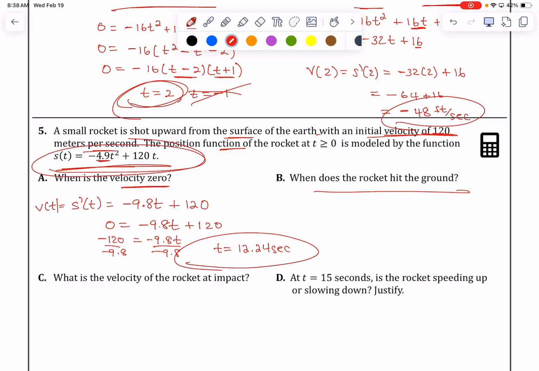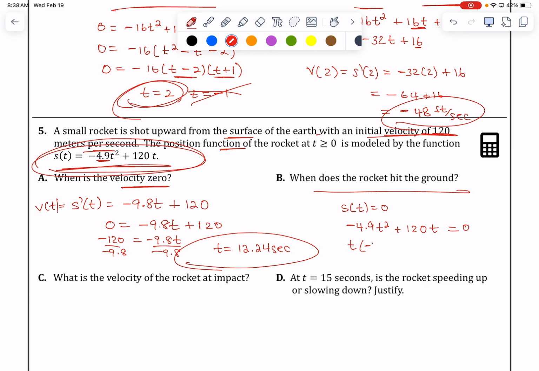So that'll be when the position equals what? 0. So you're just going to take s of t, set it equal to 0. So we have negative 4.9 t squared plus 120 t, set it equal to 0. Factor out a t, right?